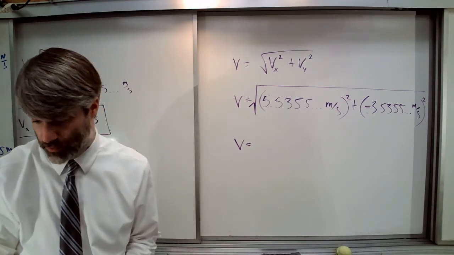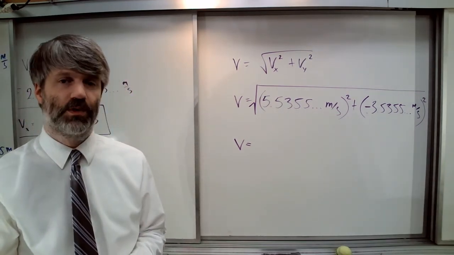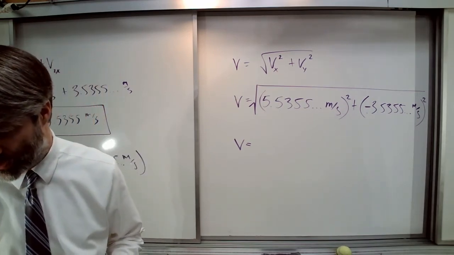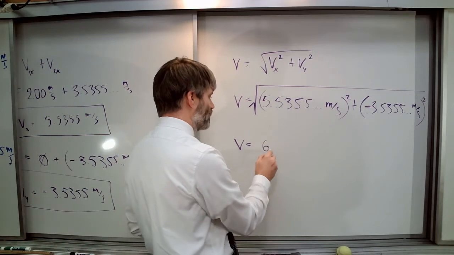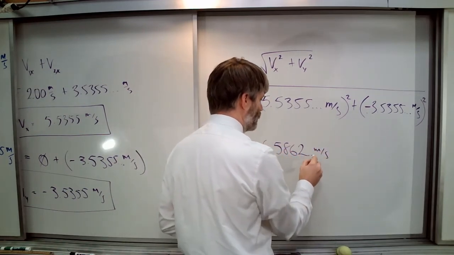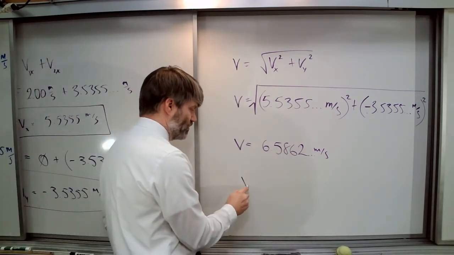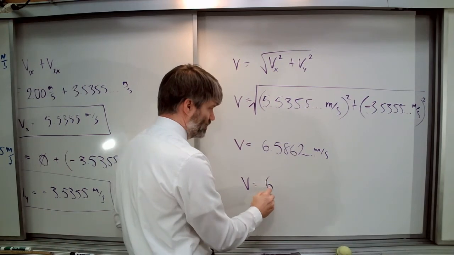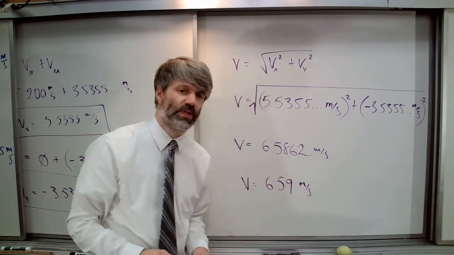The magnitude of our resultant vector in this case is going to be a positive number, right? Because remember, the magnitude is always positive. In this case, it's 6.5682 something. We're going to round that, I guess. 3 digits is always nice: 6.59 meters per second.